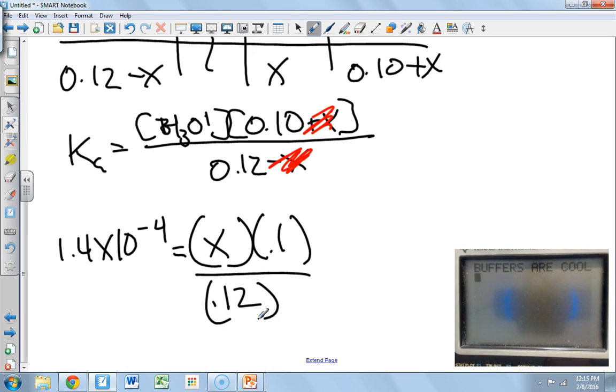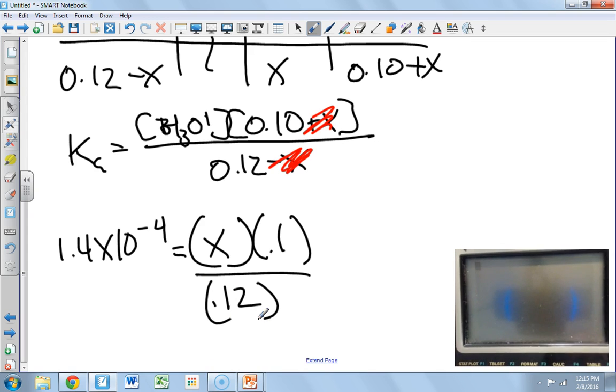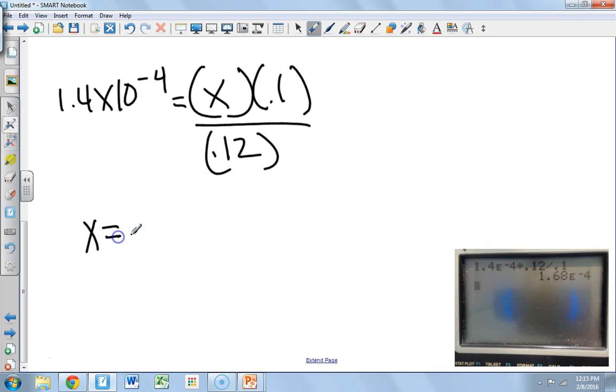Now we do some math: 1.4 times 10 to the minus 4 times 0.12 divided by 0.1, and you get that x equals 1.68 times 10 to the minus 4. Great. We're not done yet because we have to find the pH.